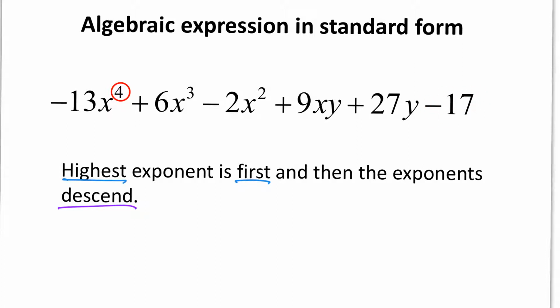So you might be missing the constant, or you don't have one at all. Sometimes you might be missing the x squared or the y squared, or whatever variable they use for the expression. So those terms can be missing. You don't need to have all the terms every time, but just make sure that you always have the highest exponent first, and then you descend on that.